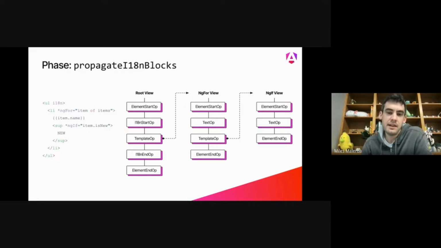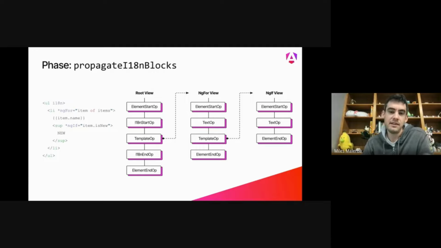Then inside the ngFor, we've got the element start, but then no I18N start. So we've lost the fact that we're inside of an I18N context and that this actually needs to be internationalized. That's what this phase is going to help us do: propagate this I18N block down into the child templates.